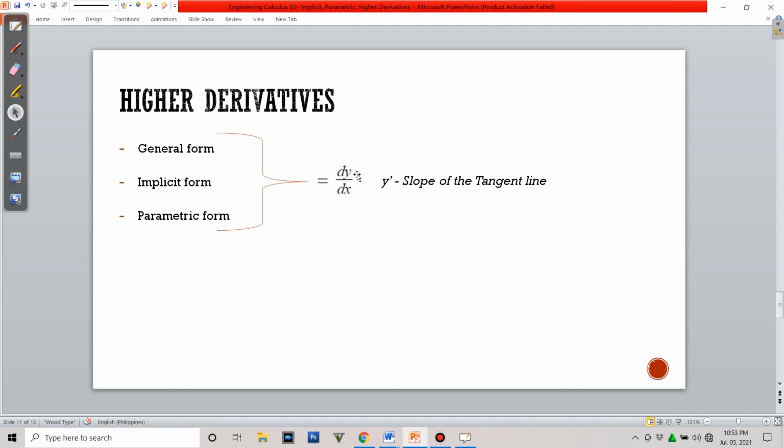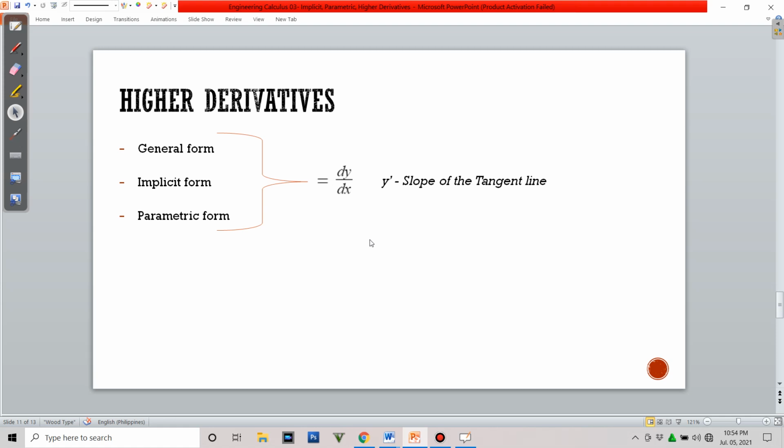Because it is the difference of the vertical to that of the horizontal. Remember that the function of tangent is opposite over adjacent. And if we are after the horizontal angle, our opposite is the y, or the difference in y, and the adjacent is the difference in x. So that dy over dx is actually y prime.